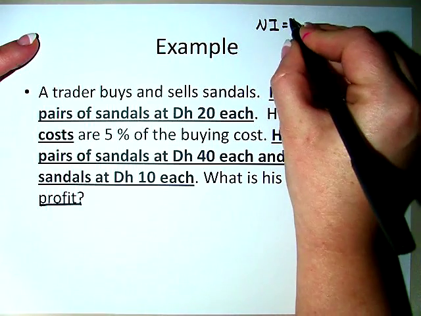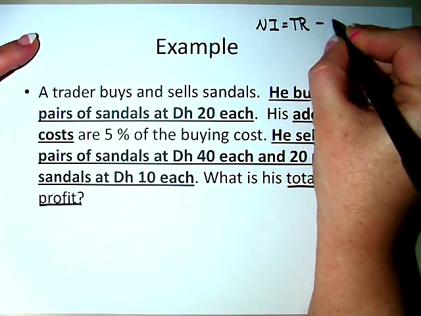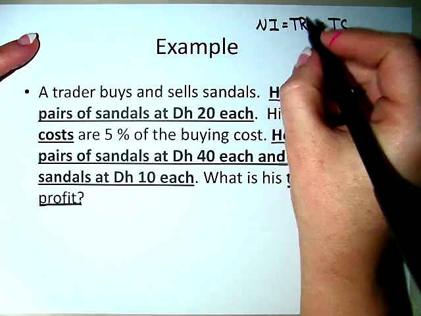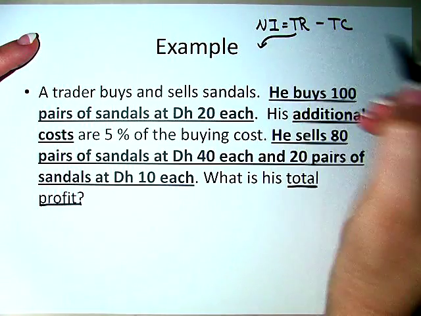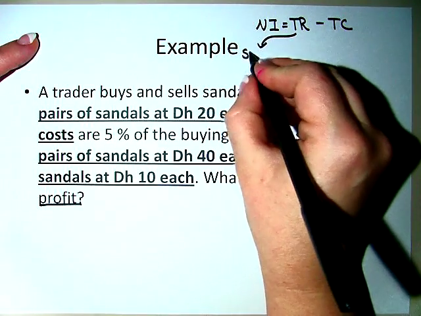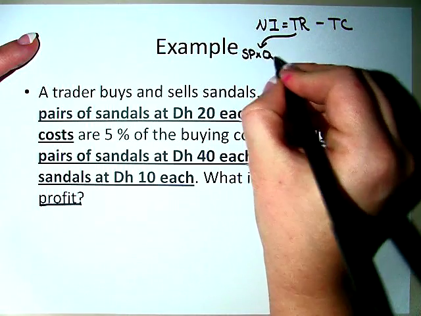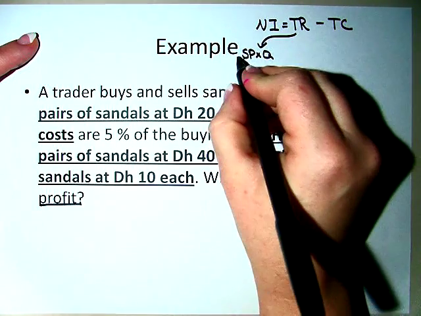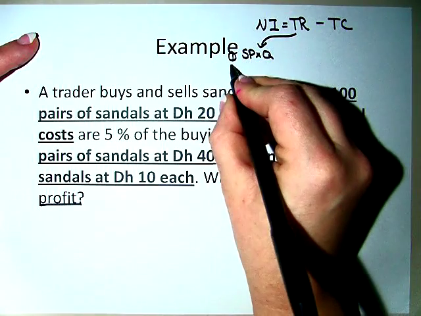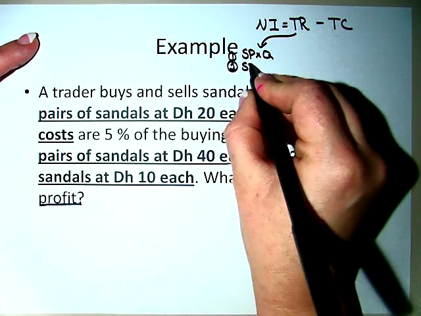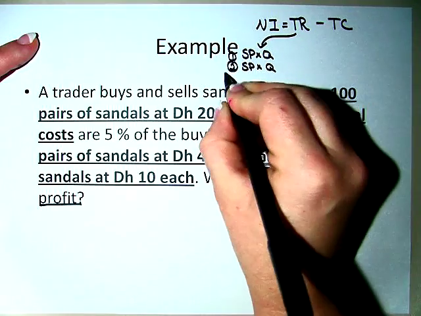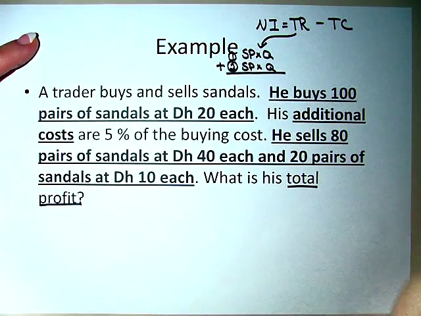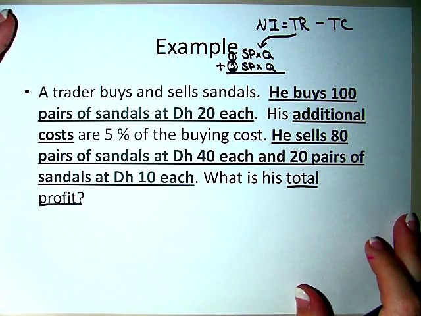Now we know net income is the total revenue minus the total cost. But in this case, our total revenue will be our selling price times the quantity. But then again, that's only for the first selling price. We have a second selling price times the quantity, and we will need to add those two together to find the full total revenue.